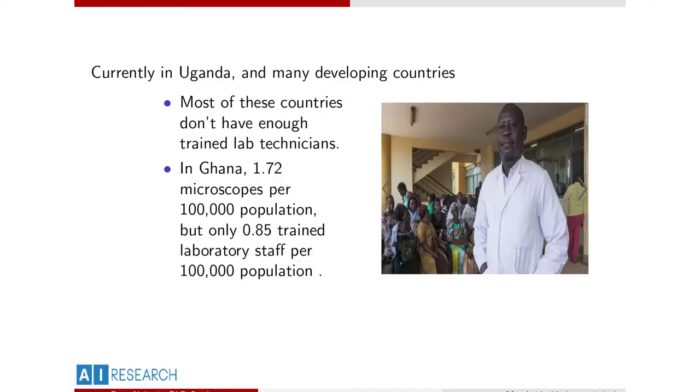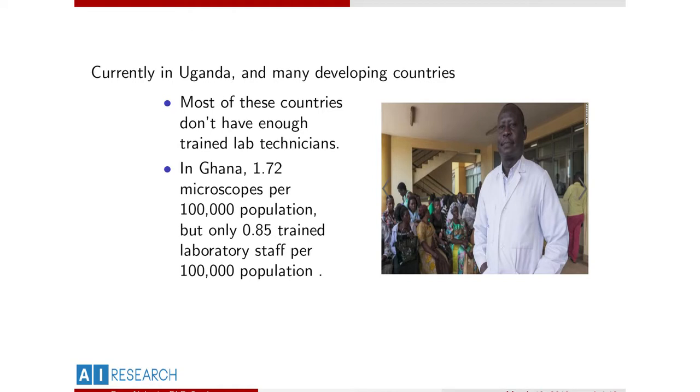But there is a challenge using microscopy. A study carried out in Ghana, one of the developing countries in Africa, found that there are only 1.72 microscopes per 100,000 population, but only around 0.85 trained laboratory staff per 100,000 population to carry out the diagnosis.